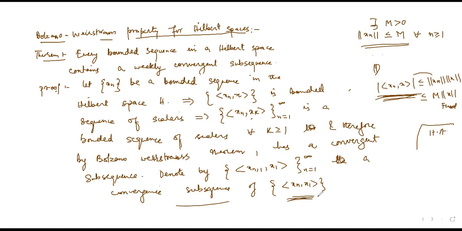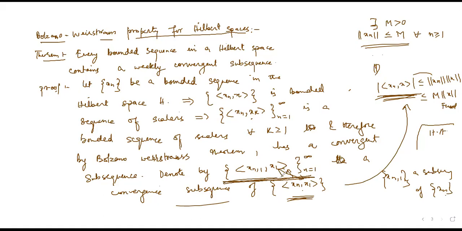This is a bounded sequence of scalars because of this relation. Since x1 is fixed, it has a convergent subsequence, and I denote it by this symbol. The subsequence of xn I denote by xn,1, such that this sequence of scalars is convergent.